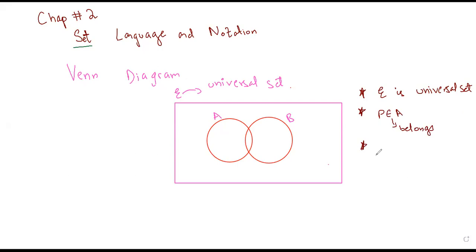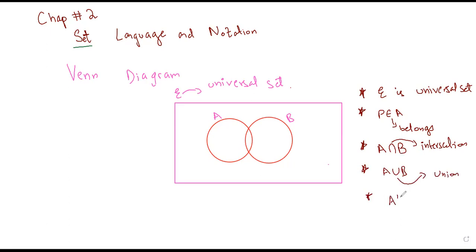Then we have A intersection B. So we know that the sign means intersection. Then we have A union B. So we know that the sign means union. And finally, we have A complement.